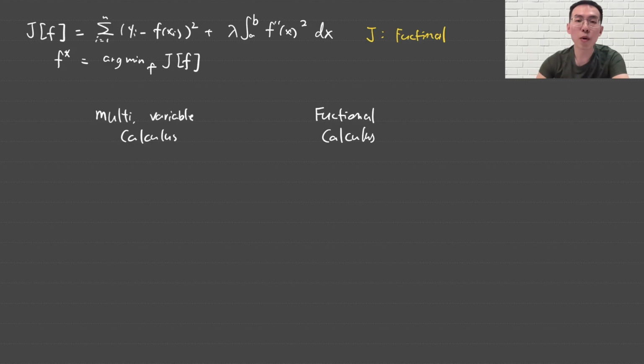In multivariable calculus, what we like to consider are functions, for example g of x, that maps from R^d to R. This means that x is a d-dimensional vector.